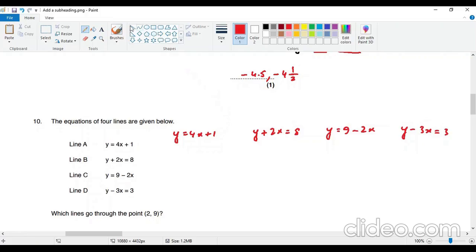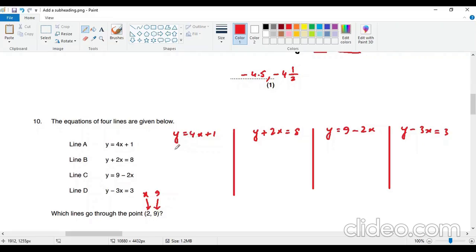Now we are going to separately substitute the value of x and y in each equation and see which are the two equations that satisfy the point given. So here it says x equals 2 and the y value is 9. So we'll substitute accordingly.